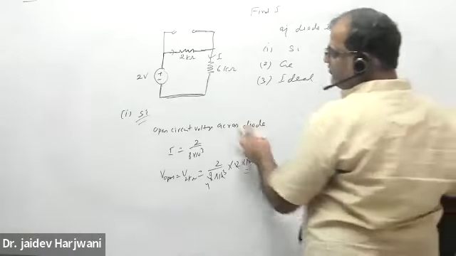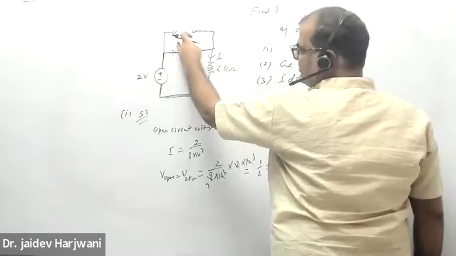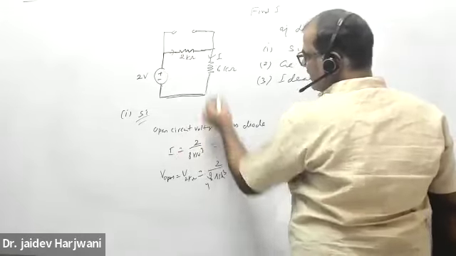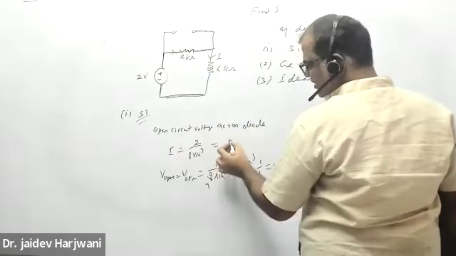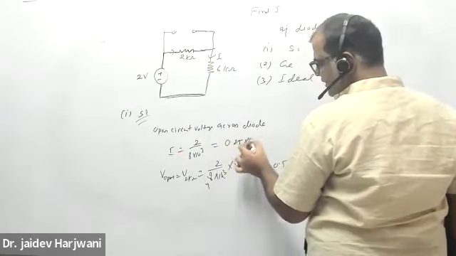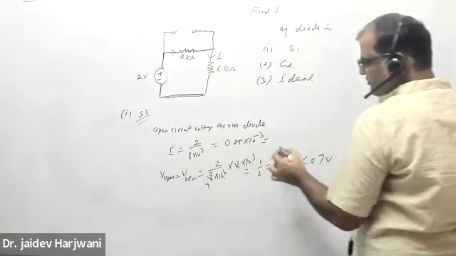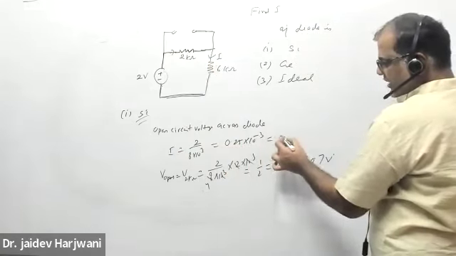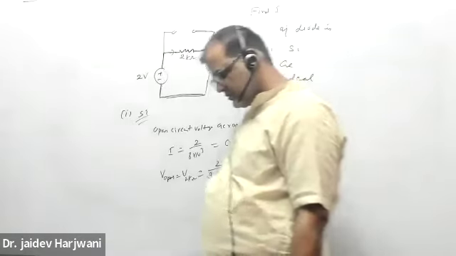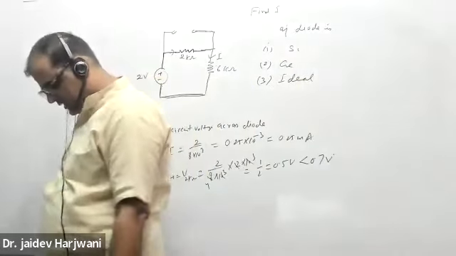So if you place silicon here, this will be treated like an open circuit, and now the current value will be the same as this one. I asked what is I, so I will be what? 0.25 into 10 raised to power minus 3. That is 0.25 milliampere. Okay.